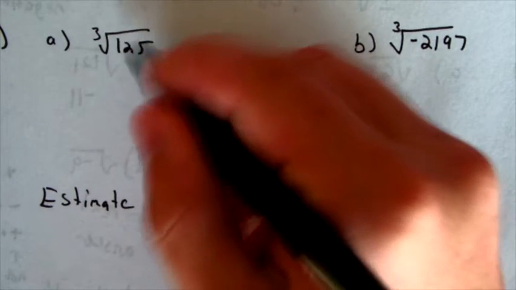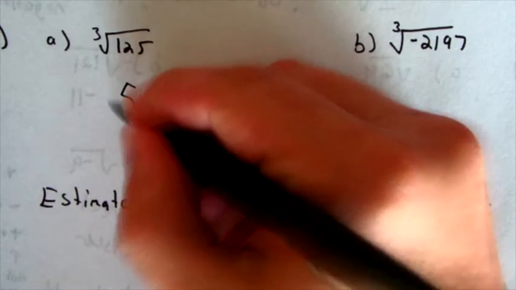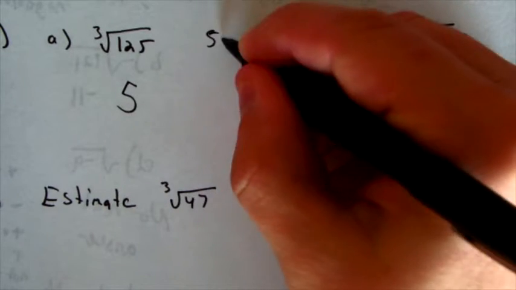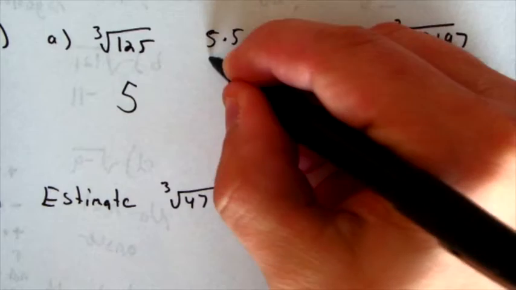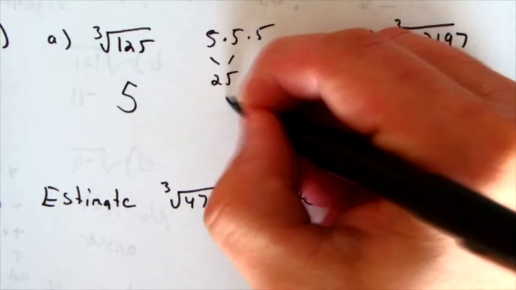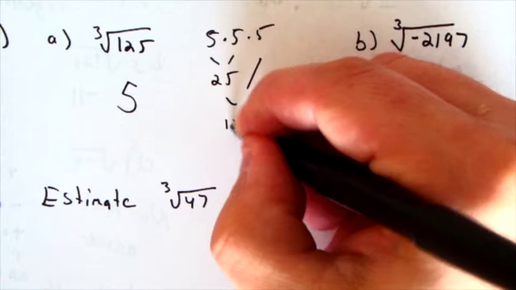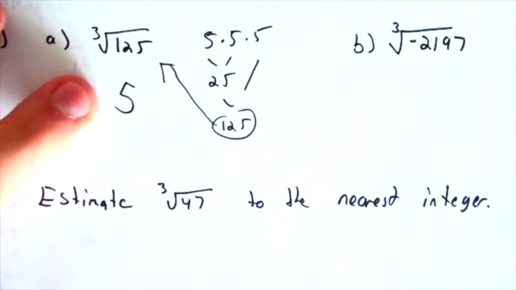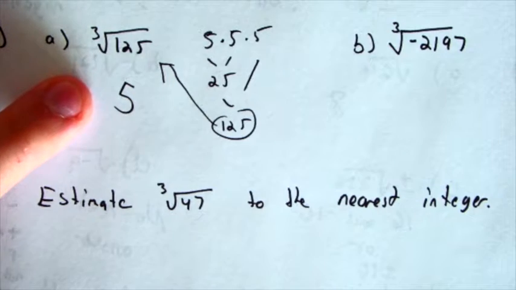I know that we've done this number in the past, but the cube root of 125 is 5. And if we check that, we have 5 times 5 times 5. 5 times 5 is 25, and then 5 times 25 is 125, which is what I had originally. So the cube root of 125 is 5.